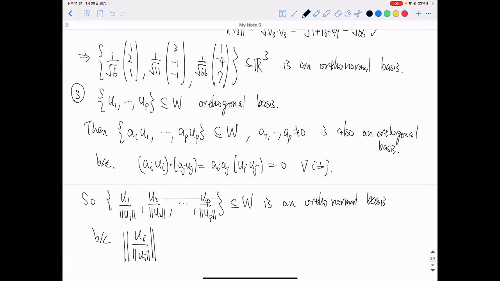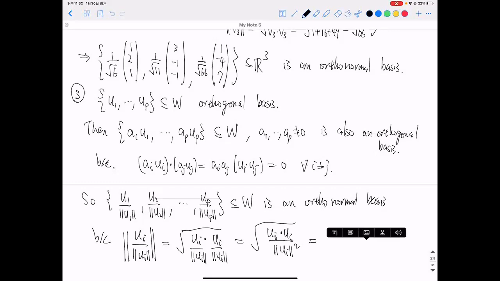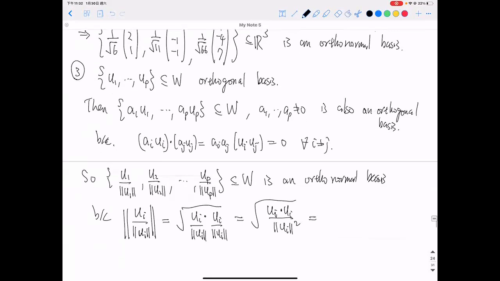the length of this vector, u_i divided by the length of u_i, is computed as follows. u_i divided by the length of u_i, dot with u_i divided by the length of u_i. So it's u_i dot u_i divided by the length of u_i squared. And remember, the square of the length of u_i is u_i dot u_i.